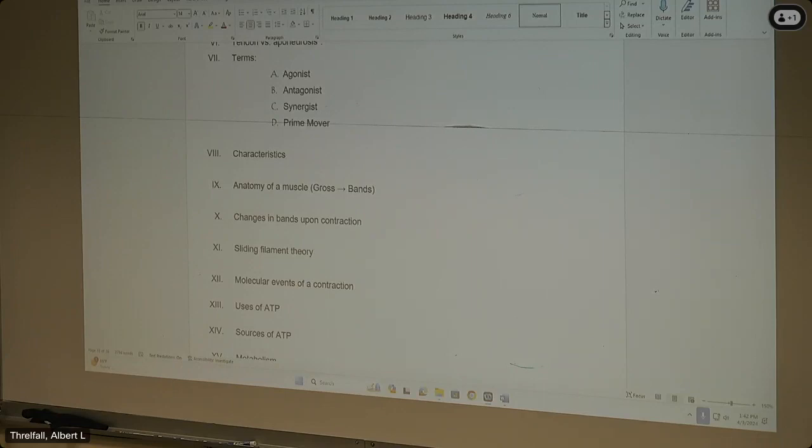Characteristics number 3 and number 4 are more important next semester when we talk about the heart, cardiac muscle tissue.